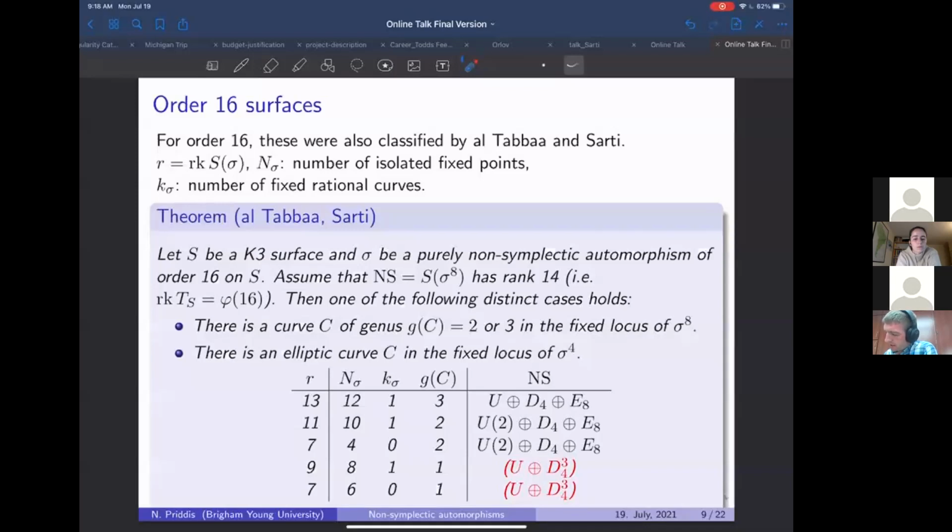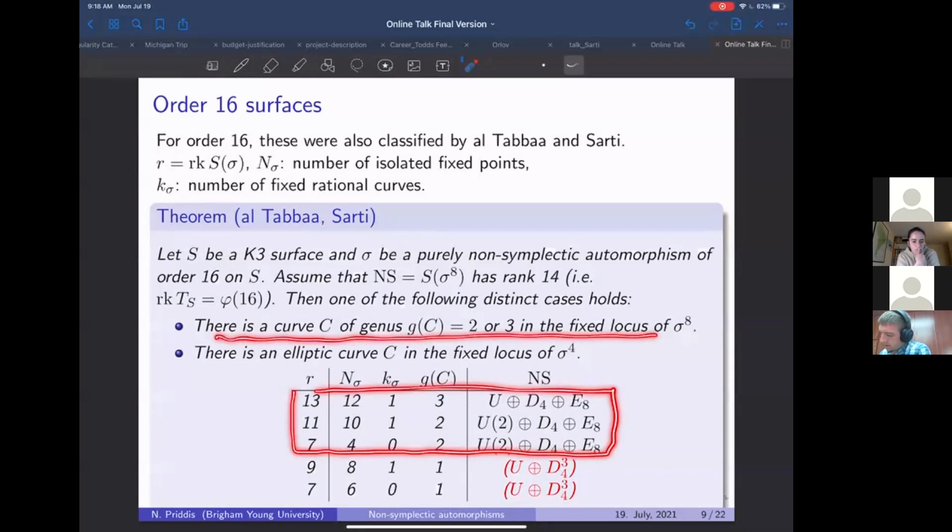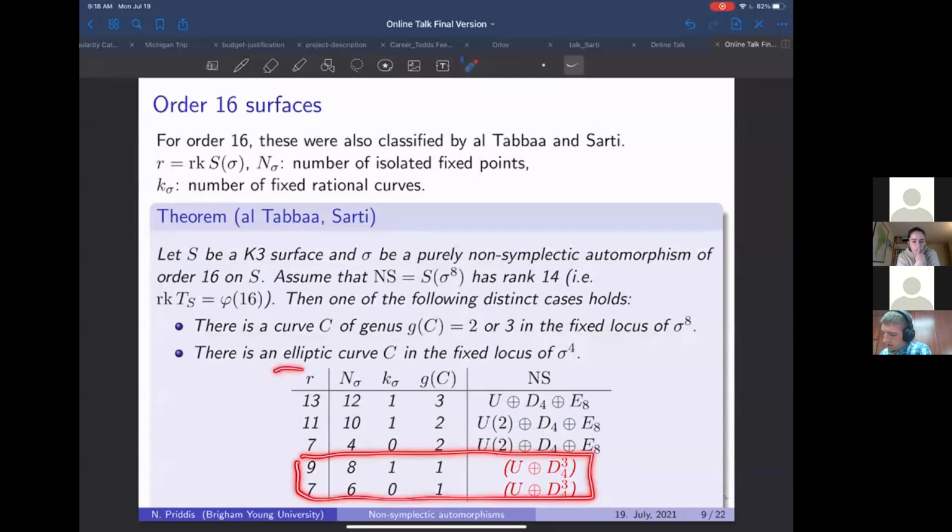In both of these cases, you have the following data for your K3 surface. The top two belong to this case right here, with the 3, 2, and 1, and the bottom two cases belong to this second case. I put these two in red because they actually weren't part of the theorem. These Néron-Severi groups were part of the theorem, but these were calculated later.